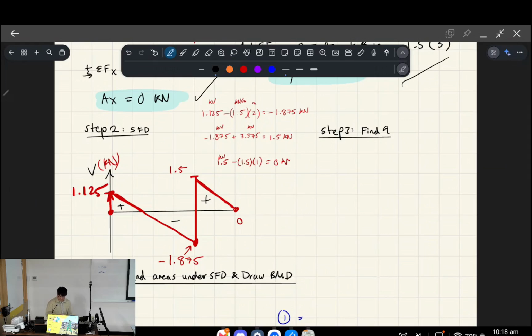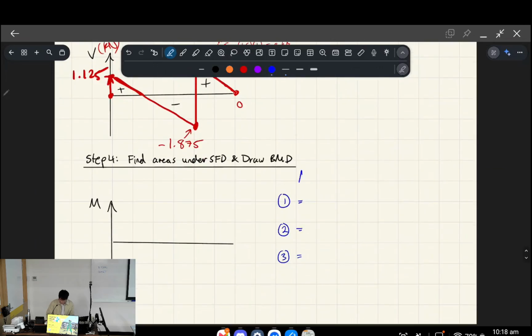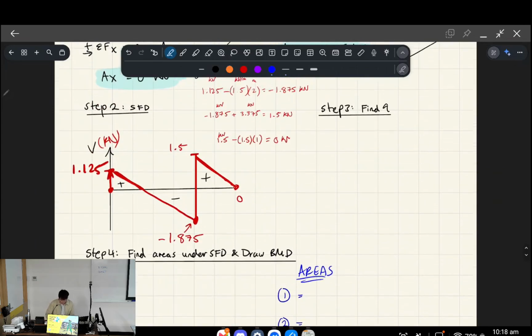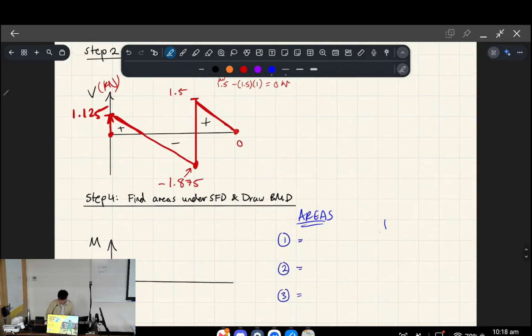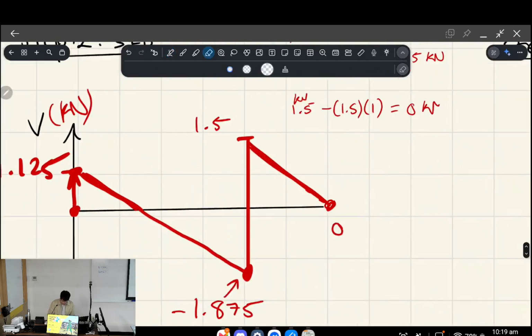Okay, so when you're doing the graphical method, remember we're ultimately interested in finding the areas, right? And this time instead of rectangles, we have triangles, okay? So we know that the area of a triangle is half base times height, right? Okay, so if we look at this triangle, let's draw some numbers. We have triangle 1, triangle 2, triangle 3.